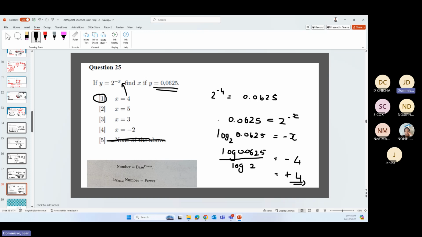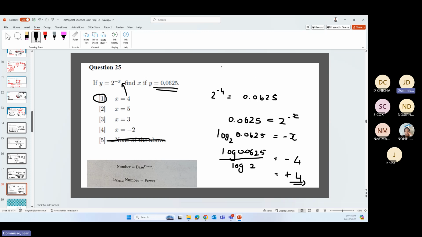Else, what we will do is to use this, rewrite it, and then at this point, I know my calculator can't do this, but if you want to work this out without a calculator that can do it, the way to do it is also log 0.0625.